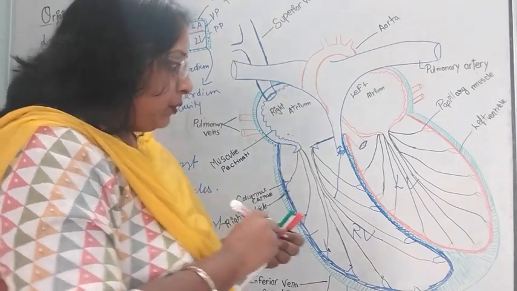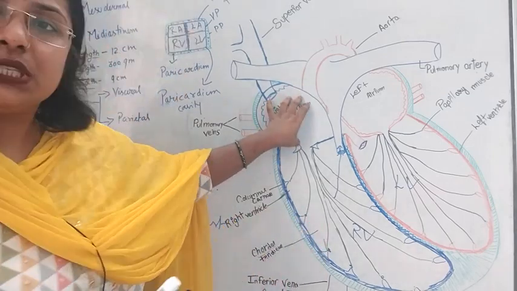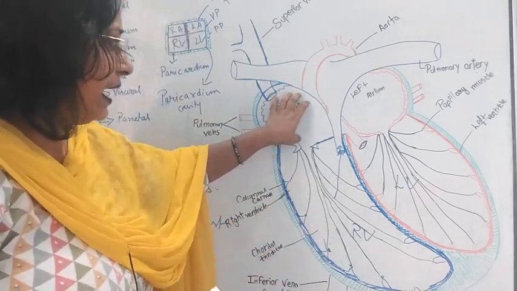Now we all know that the whole body's deoxygenated blood comes to the right atrium.